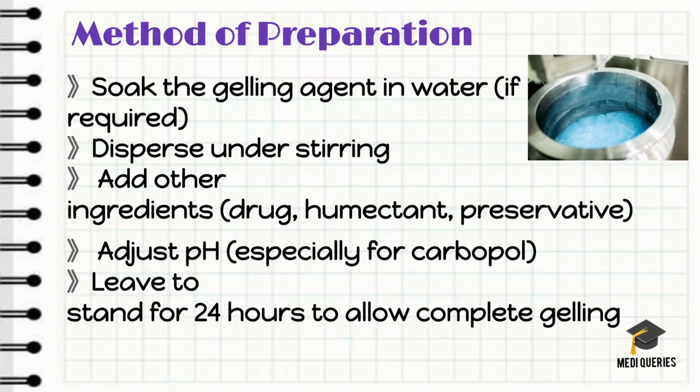Once a uniform gel base is formed, other water-soluble ingredients such as preservatives, sweeteners and buffers are added. After allowing the gel to cool to room temperature, which is especially important if the gelling agent is temperature sensitive, the active ingredient, that is the drug, is incorporated.